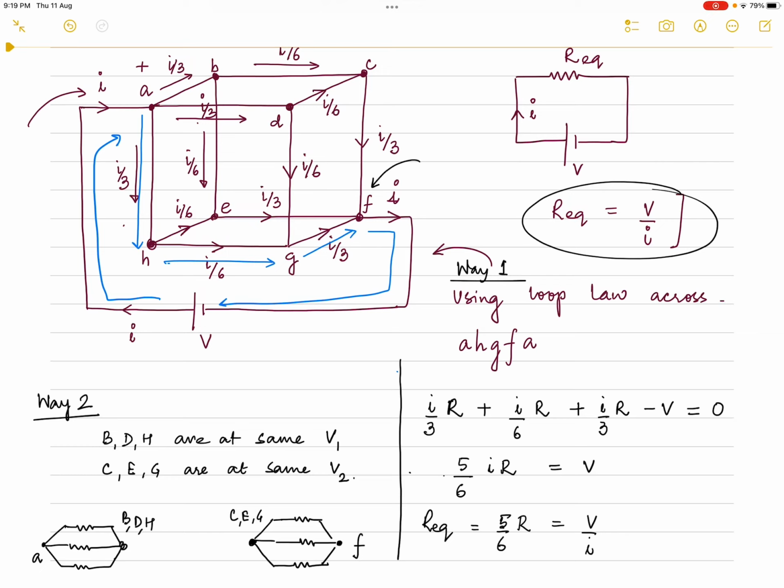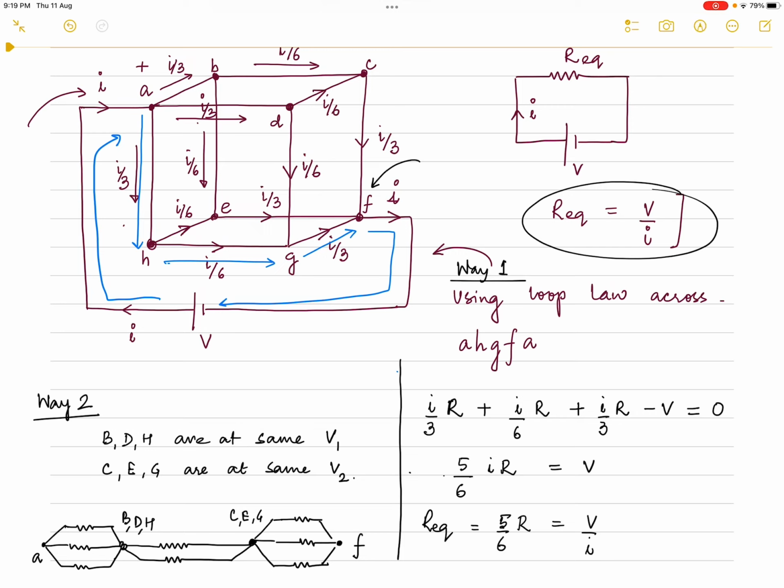Now, if I want to complete this simplified figure, I need to see what other resistors are there in the circuit. When I look at that, I find that there are all the middle resistors which are connected between, let's say, the points B and C. So, between B and C there is a resistor, I can draw it like this. Between B and E there is a resistor, so when I draw it here, I get a resistor which is in parallel with the previous resistor that I have drawn.